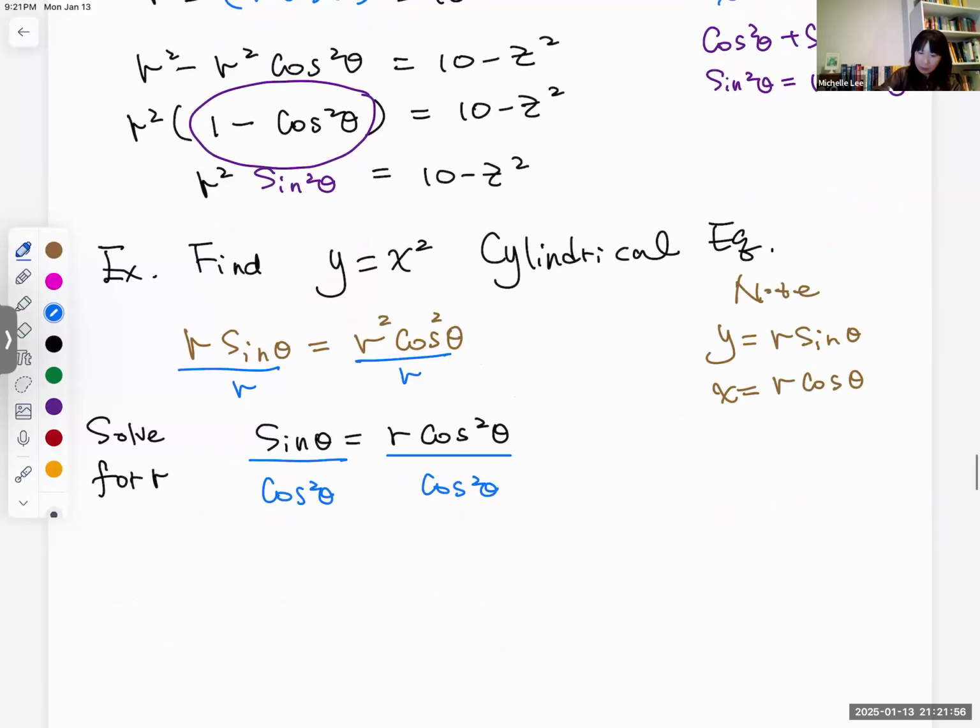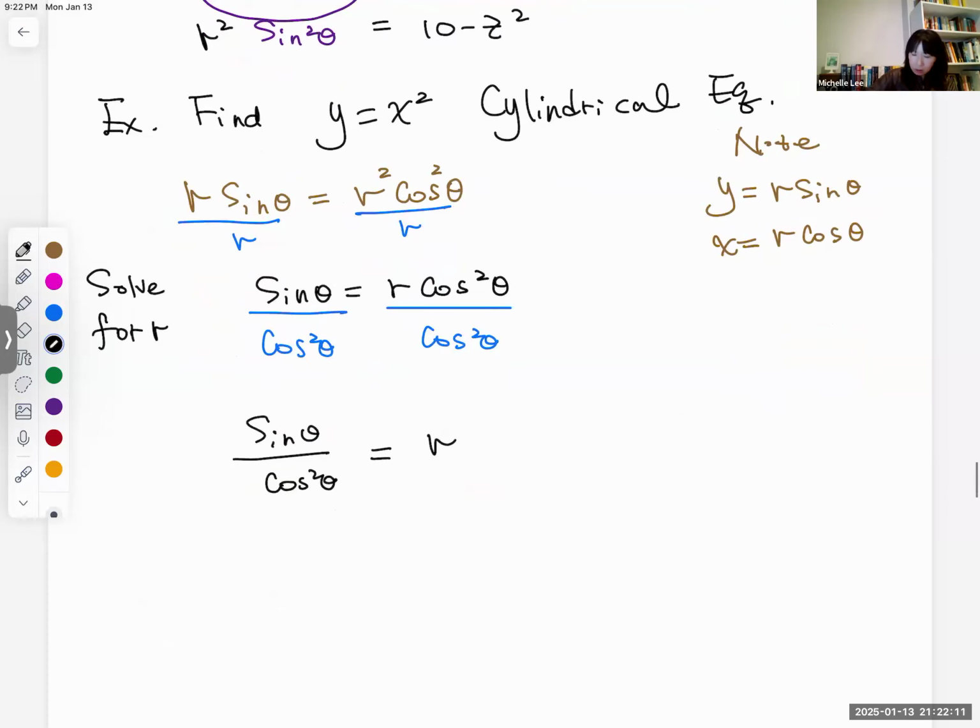Then we have sine theta over cosine squared theta equals r, right? Actually, we can just leave it like that, but we can simplify more.